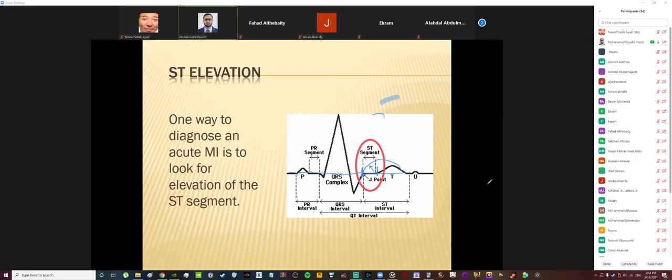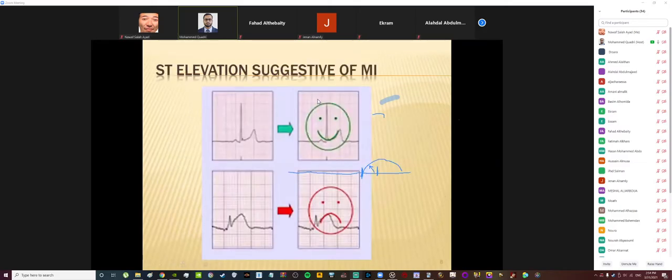Then what is the criteria? What is the criteria for myocardial infarction? Let's look into it. So there are three criteria for myocardial infarction.